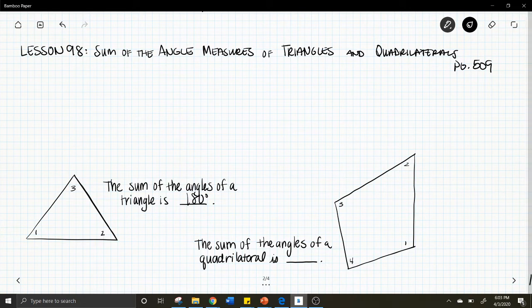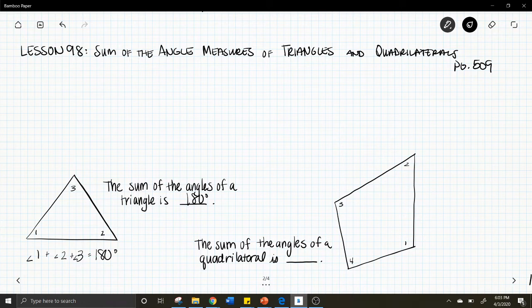So if we have an equilateral triangle, a scalene triangle, isosceles, obtuse, acute, any triangle, the sum of the angles will be 180. So remember your terminology. Sum means we're talking about addition. So angle 1 plus angle 2 plus angle 3 will be 180 degrees for any type of triangle. Okay, so make sure you learn that. Make sure you know that forever. You always need to know the sum of the angles of a triangle is 180.